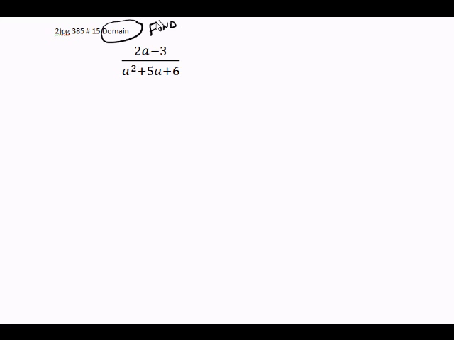Can you tell me what domain means? Well, sometimes the domain means all real numbers. But if somebody says, what is the domain, what does it really mean in algebra?